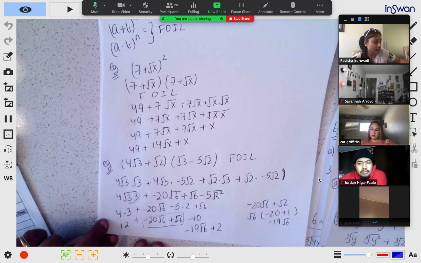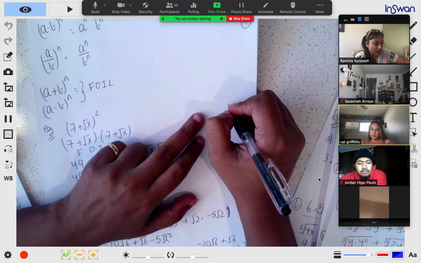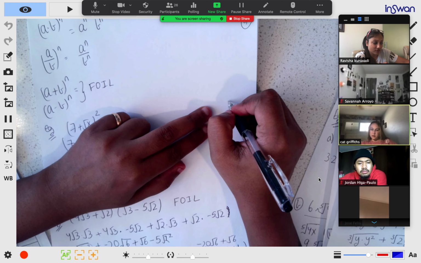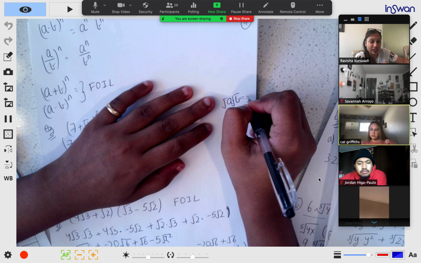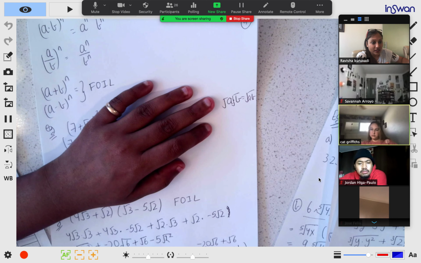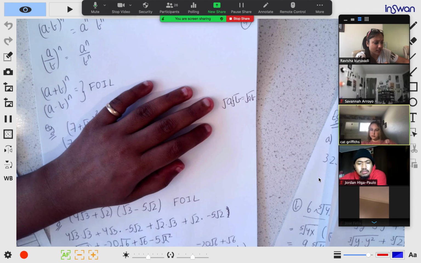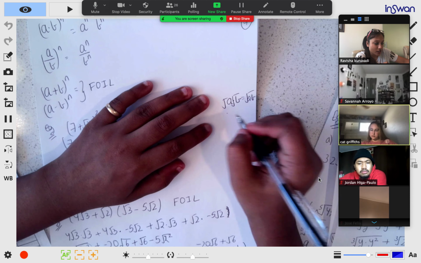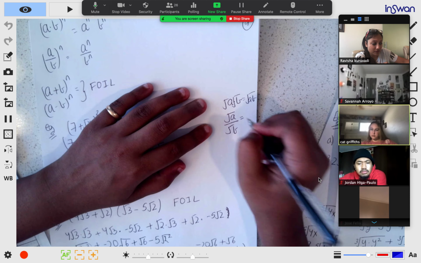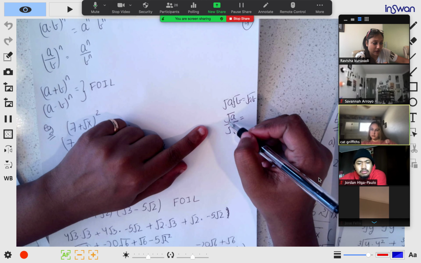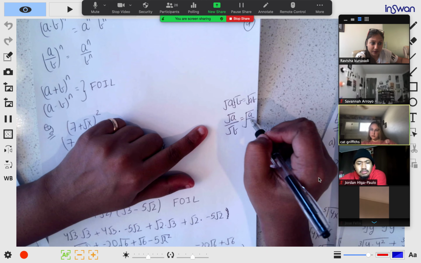So note, in multiplication, you just multiply and put it in the same bracket. In the case of division also, you put it in the same bracket. If I say the square root of a divided by the square root of b, since they have the same square root, I can combine them and write it as this.